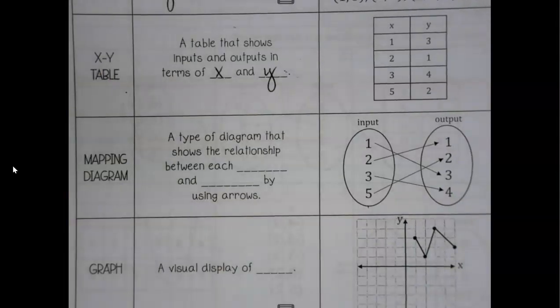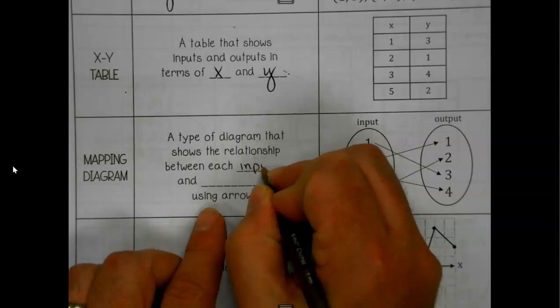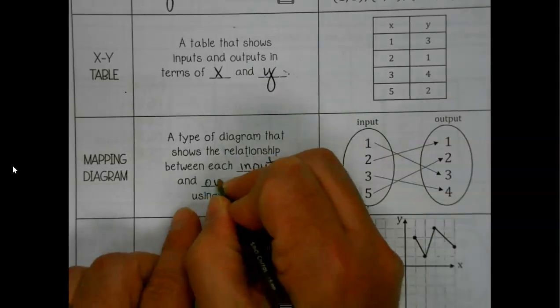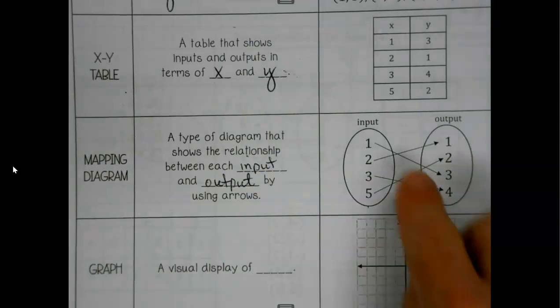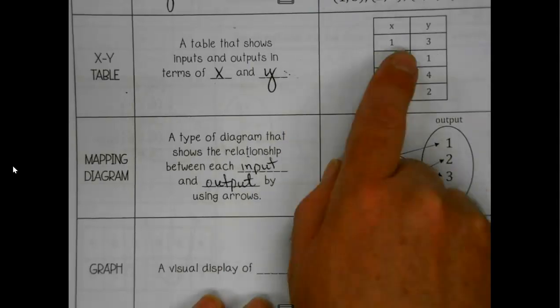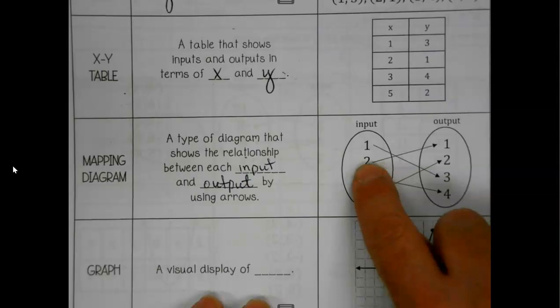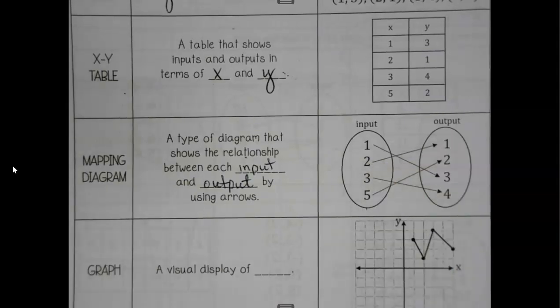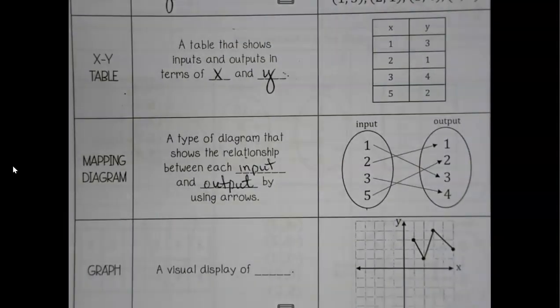Mapping. This one, for each input and output, we use arrows. So now, all of my input numbers, all of my x's are in one spot. So for like 1, 3, I just draw an arrow from 1 to 3. 2, 1, I just draw an arrow from 2 to 1. But it still is making all of the same connections they did in the first 2.